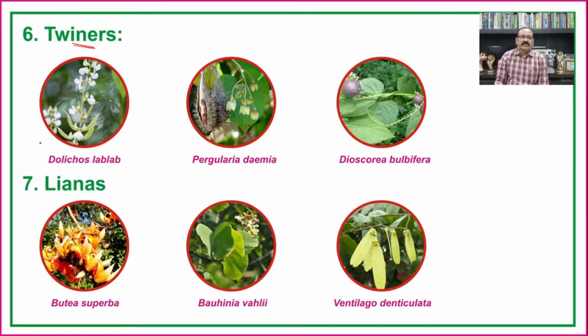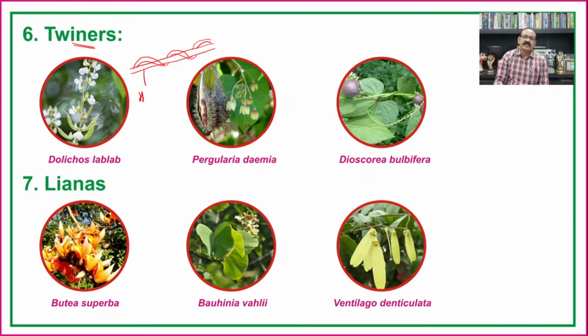In the case of a twiner, the plant body twines around a particular host plant, and if such twining is there, then we say they are known as twiners. So this is the difference between these.